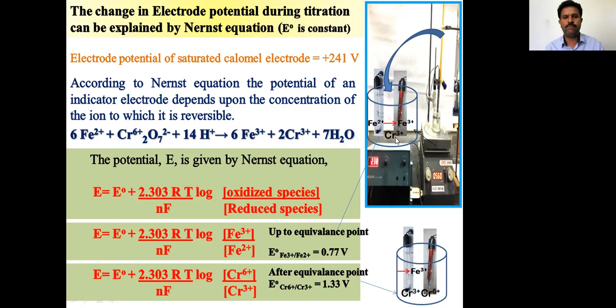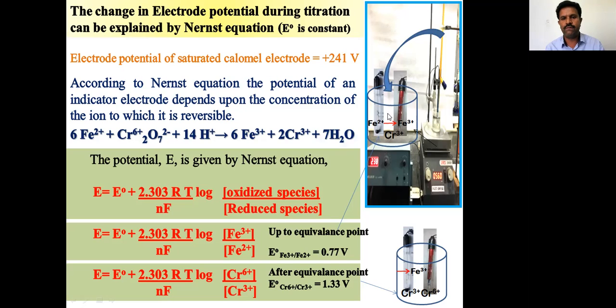Even though it contains chromium 3+, it doesn't play a role in potential development, because the potential depends upon the concentration of the ion to which it is reversible. That means the same species, iron, present in two different oxidation states is responsible for the change in electrode potential, because chromium has only one valency here, but both ferrous and ferric ions are present.